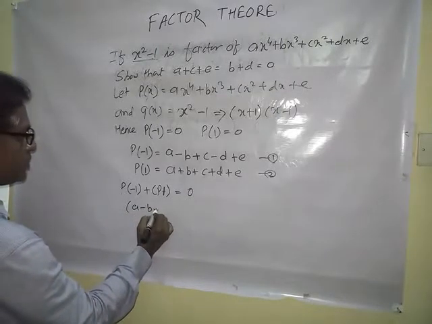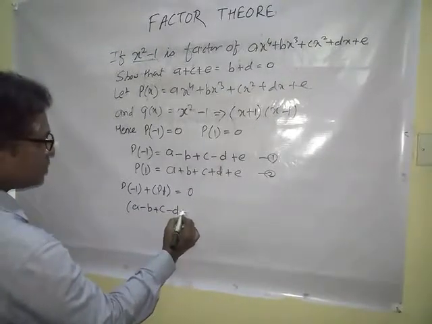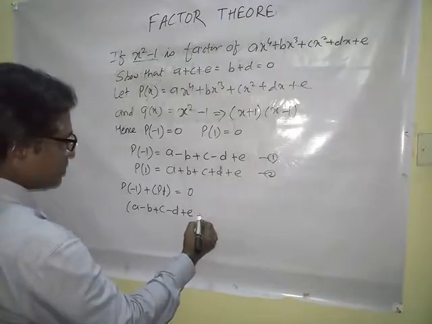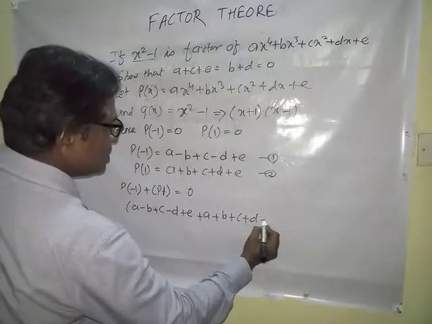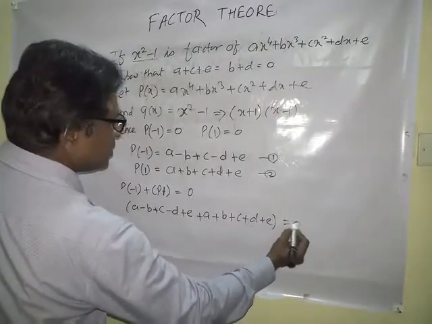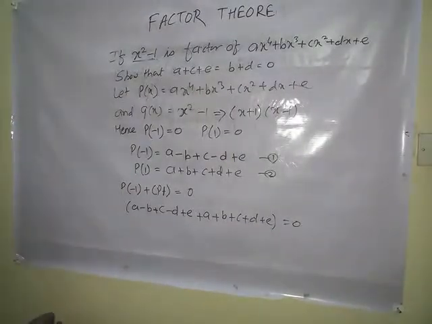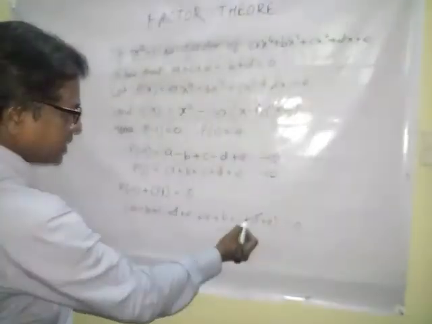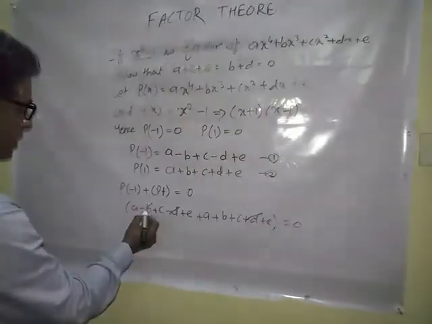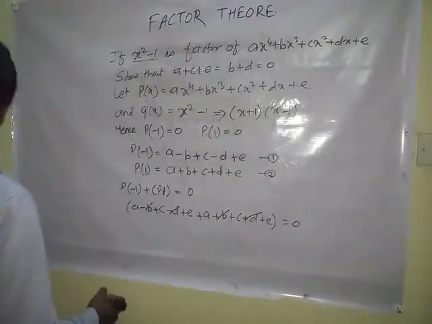A minus b plus c minus d plus e, add plus a plus b plus c plus d plus e equal to 0. So you are seeing d and minus d getting cancelled, minus b and plus b getting cancelled.